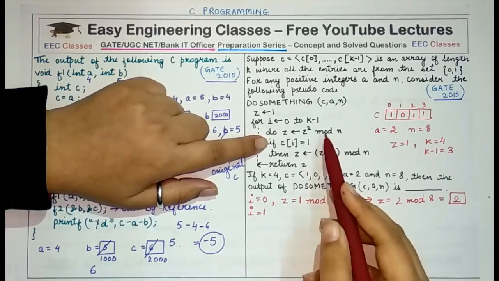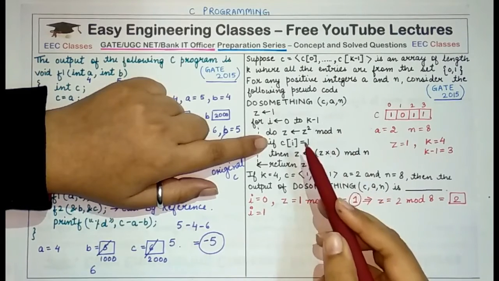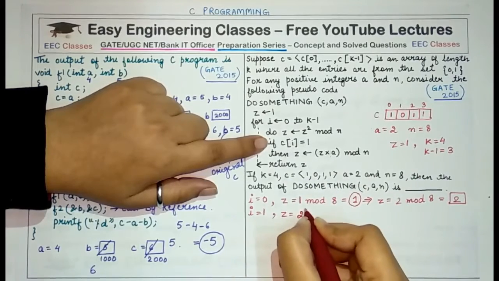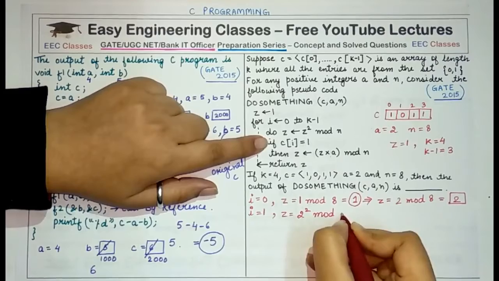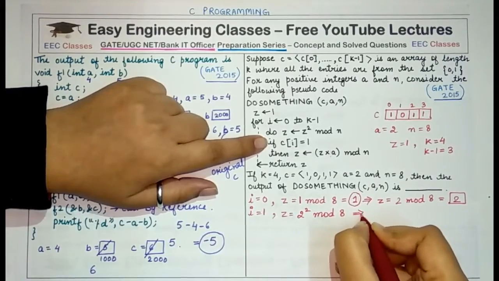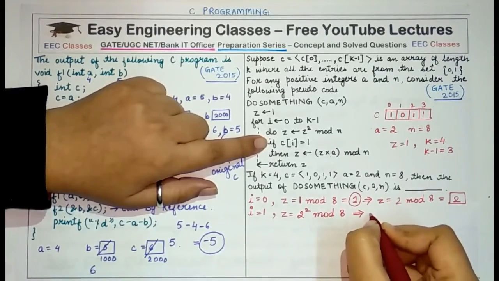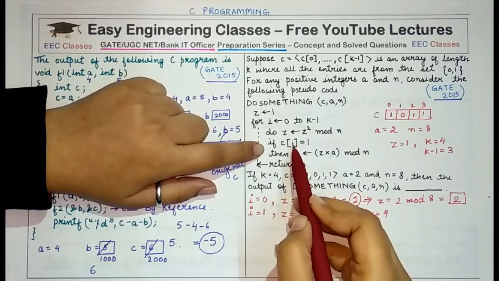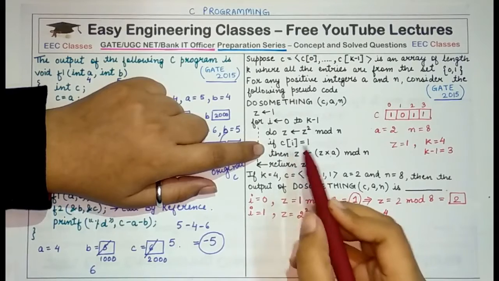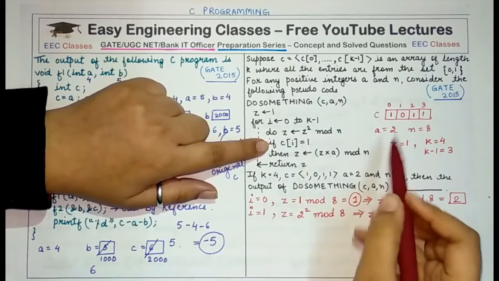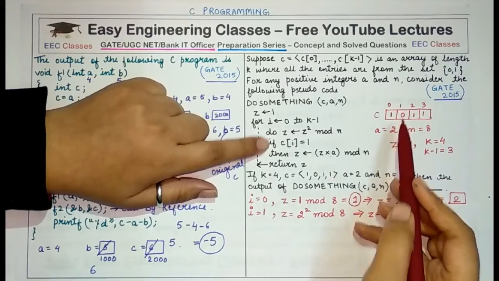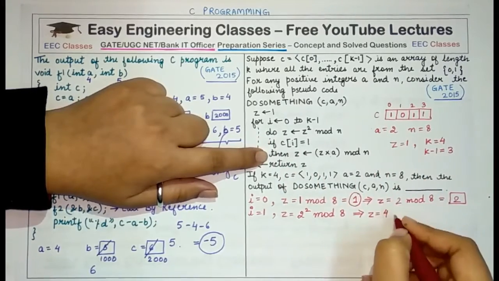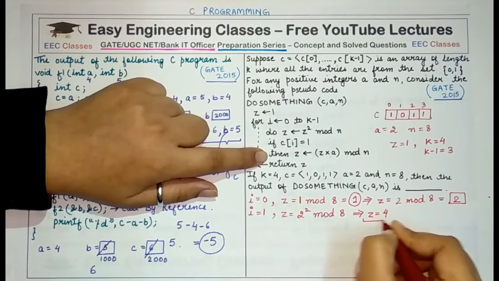So 2 square mod 8 would be the new value of Z. 2 square is 4. 4 mod 8 is 4. So Z becomes 4. Alright. Now it says if C of 1, because I is 1, is C of 1 equal to 1? No. Therefore, the then statement is not executed, and this is the current value of Z.